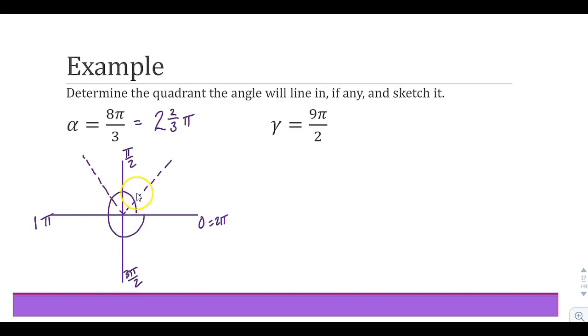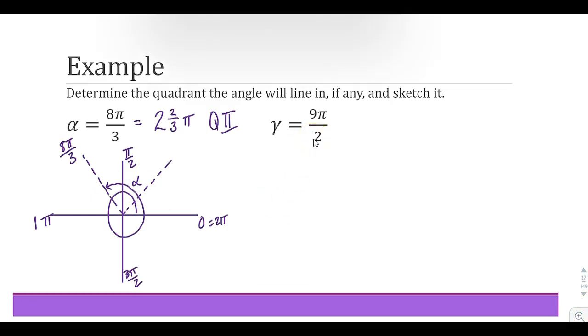So this is going an extra 1/3 of the way, and then this is going 2/3 of the way. So 8 pi/3 is going 2 pi and then 2/3 of the way. So over here is my 8 pi/3 angle. Right, this is alpha, and that happens to be in quadrant 2.